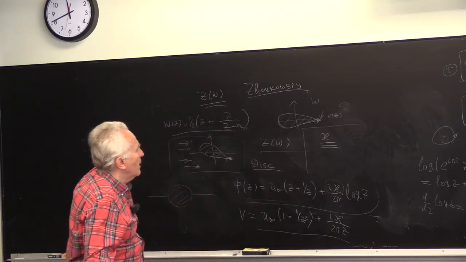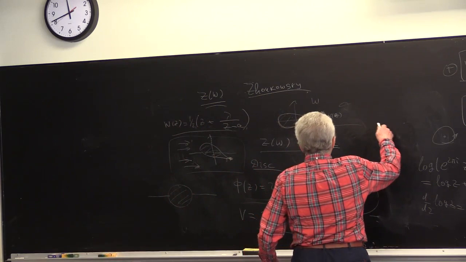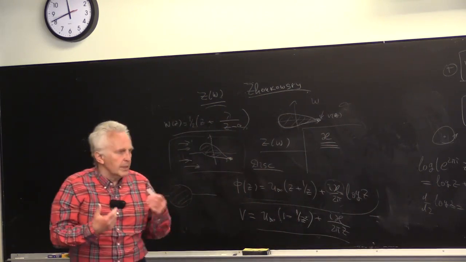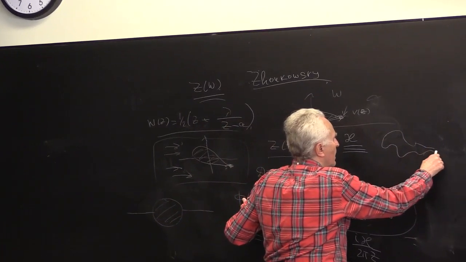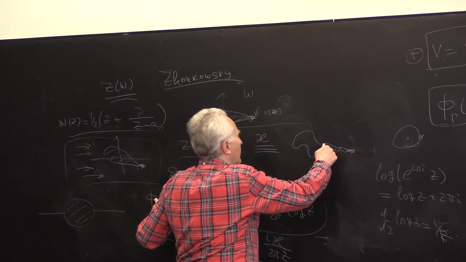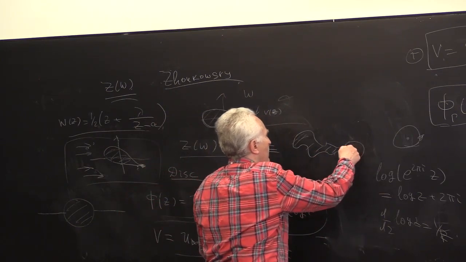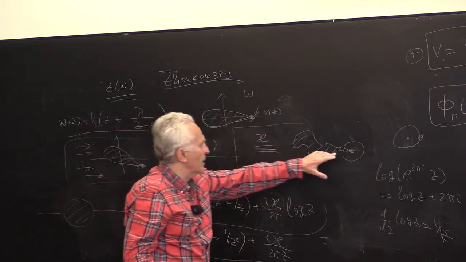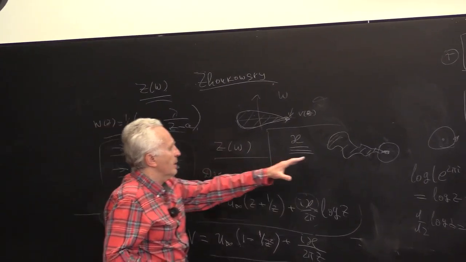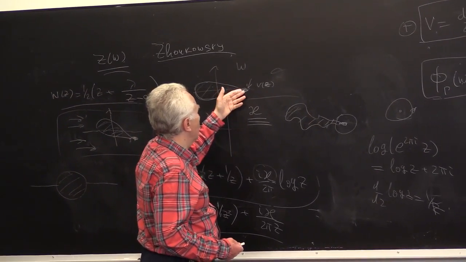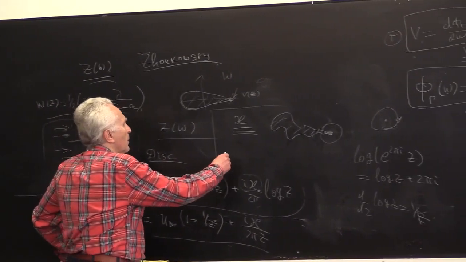Yes, you can analyze the distribution of velocity near this sharp rear edge, and you will find that it is basically the same as here. So as a result, you get only one edge.